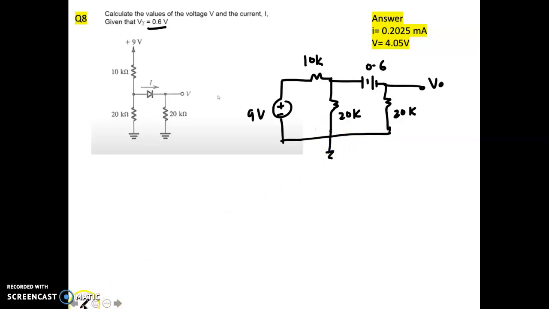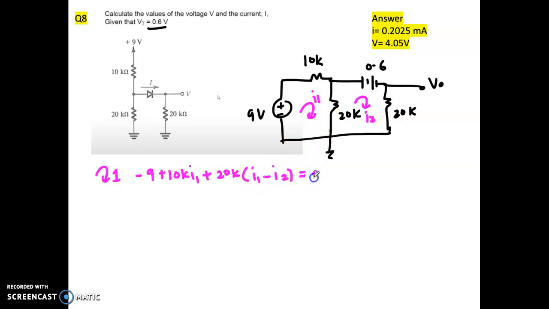All are connected to ground. Okay, so how are you going to solve this question? It depends on any concept that you learned in electric circuits. So let's say we use mesh. Here will be I1. Here will be I2. What will be the loop equation at loop number 1? It will become minus 9 plus 10K I1 plus 20K (I1 minus I2) equal to 0.